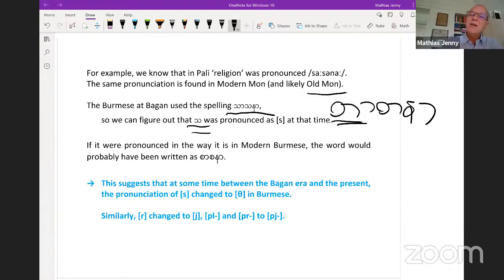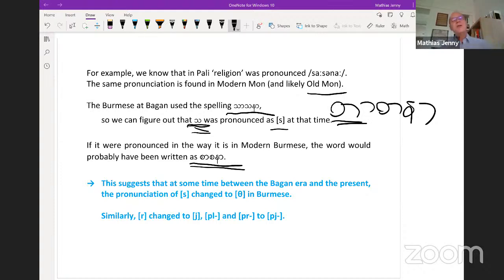So if the Burmese pronounce it as sasana, they will probably write it like this if ta is still sa. If Burmese at that time had already made the sound change from sa to ta and ja to sa, this is what you would expect the Old Burmese to have written sasana like.